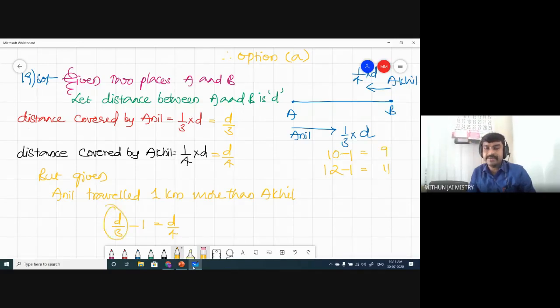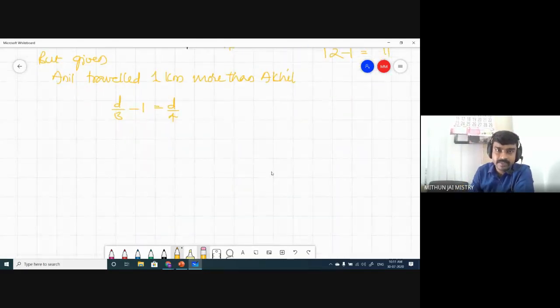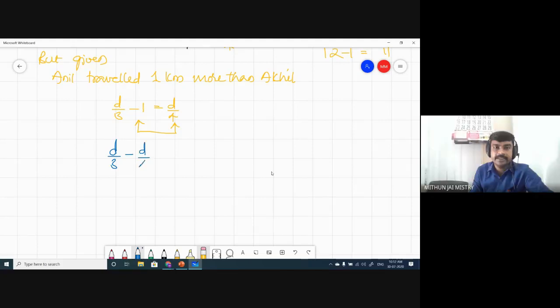So the distance traveled by Anil, minus 1, will be equal to the distance traveled by Akhil. Now do one thing, children: transpose these two terms. Take this D/4 to the left-hand side and take this -1 to the right-hand side, and you will get something like this: D/3 minus D/4.